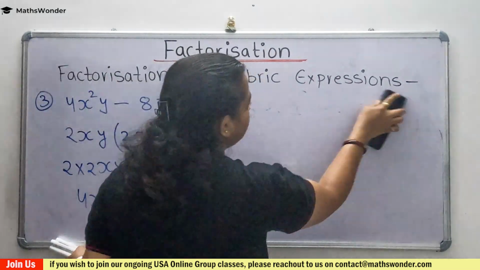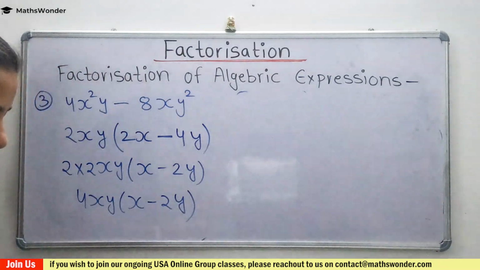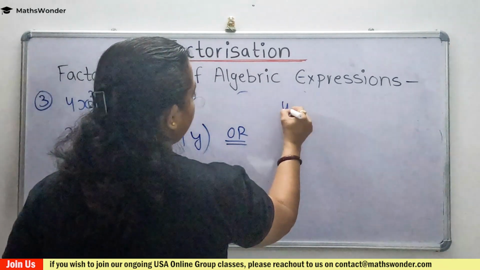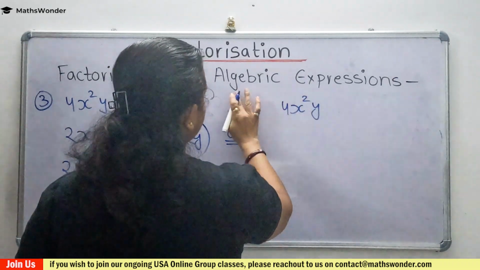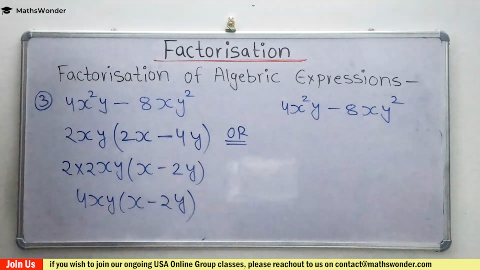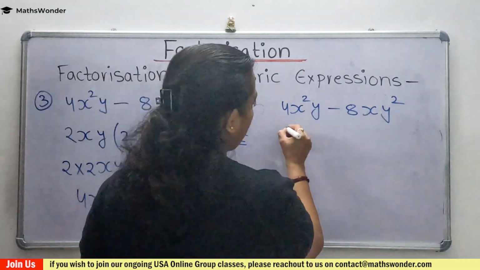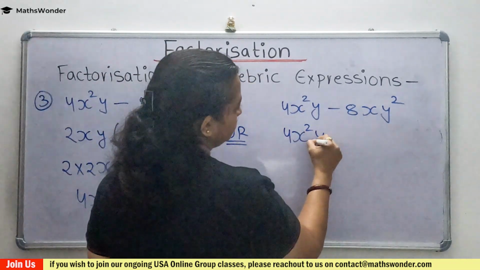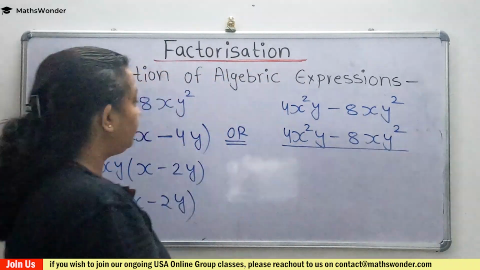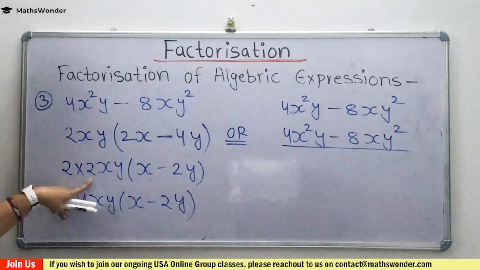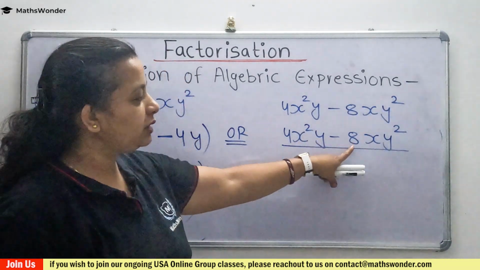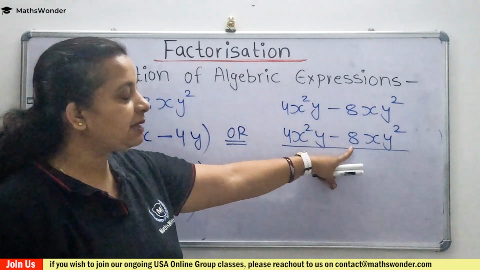Or you can do it in the other method, like I already told you. You know, 4x square y minus 8xy square, right? What is the common number? 4. Can we take it directly? 2 we have taken here, 2 is here, so total is 4, because 4 is a multiple of 4 and 8 is a multiple of 4, right?